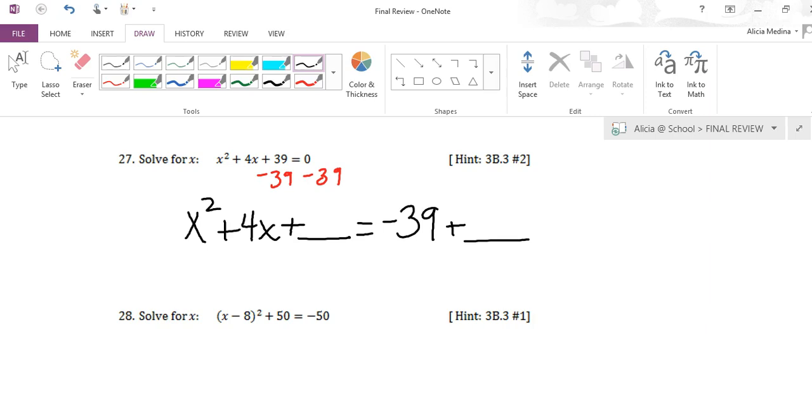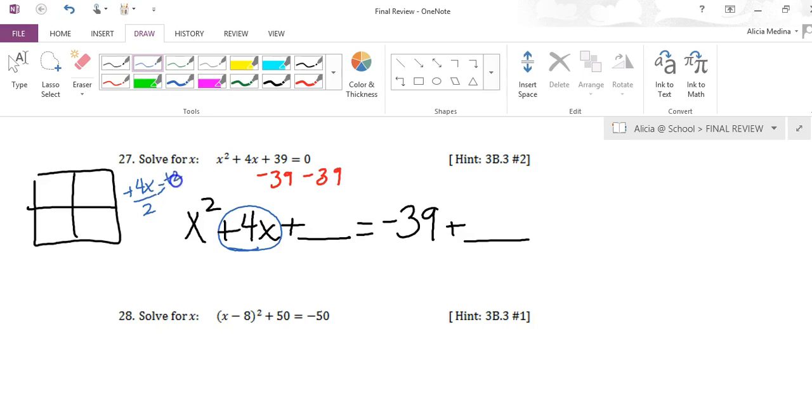All right, so I'm going to complete my Punnett square box over here. And the number that I have to divide in half is whatever has the x. So if I take that 4, I want to chop it in half. And again, I'm going to put that positive sign just so I don't lose it because it was a positive 4x. So positive 4x divided by 2 is a positive 2x. That number is what I'm going to place on the diagonal of my Punnett square box.